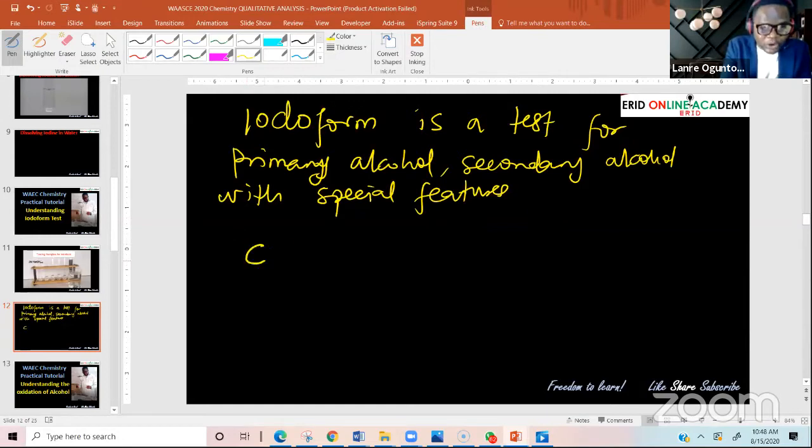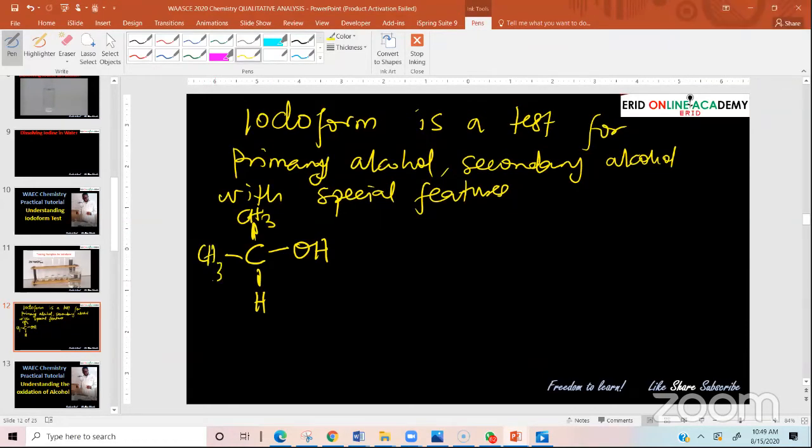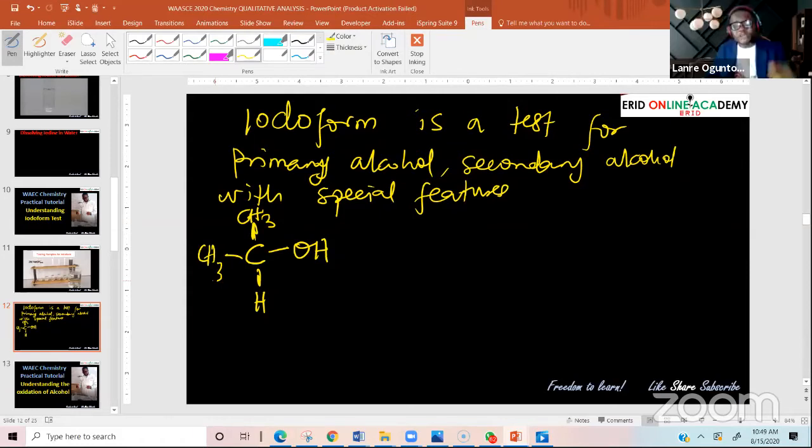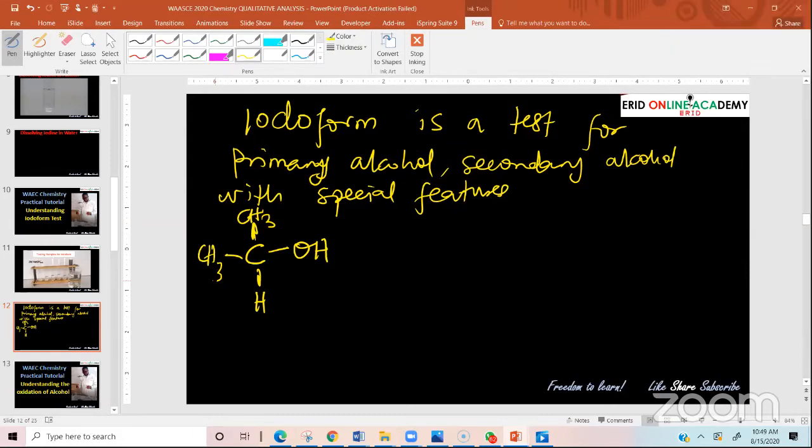So for your primary alcohol, it means that on the carbon carrying the OH group, you have at least two hydrogens. For the iodoform test, any substance that has hydrogen on the carbon carrying the OH group and also has a methyl group on that particular carbon can give us a positive test.